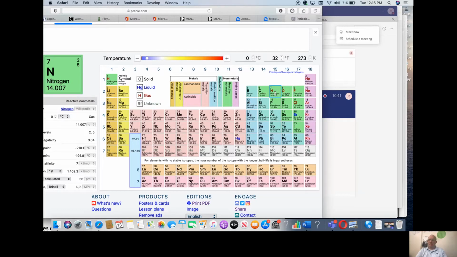And you know, the air is roughly 78% nitrogen and 21% oxygen in our atmosphere. But the combined weight between the two is around 30 AMU, atomic mass units.